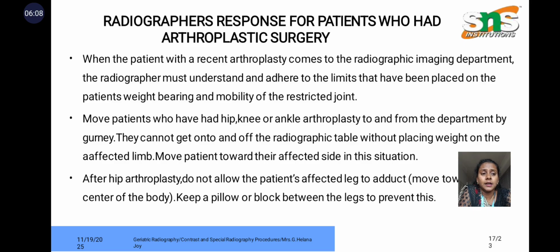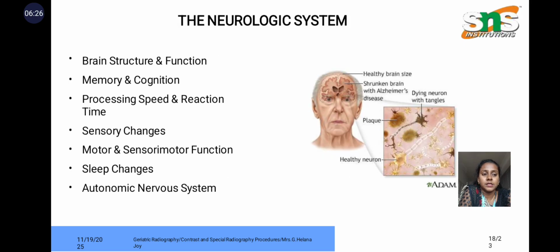While placing them on the radiographic table, we have to be careful not to place any weight on the affected limb. After arthroplastic surgery, we are not allowed to abduct the patient's affected leg.